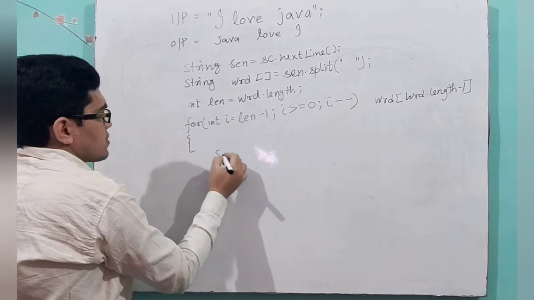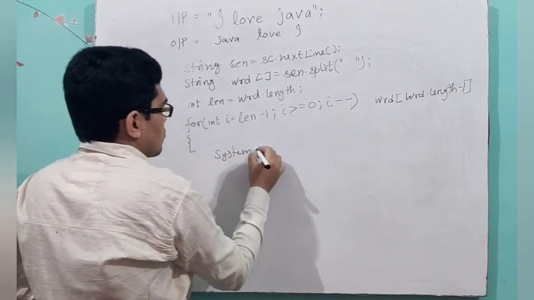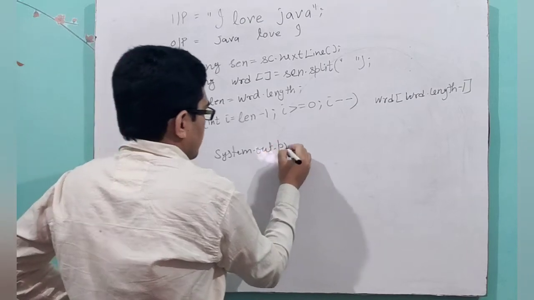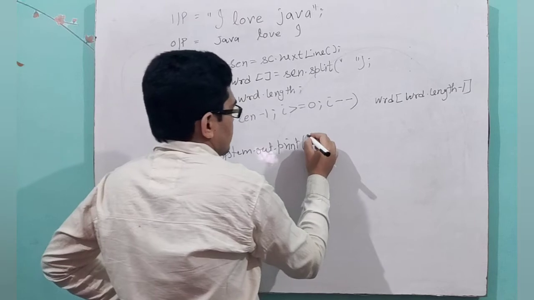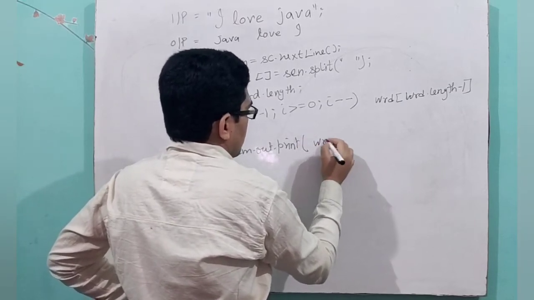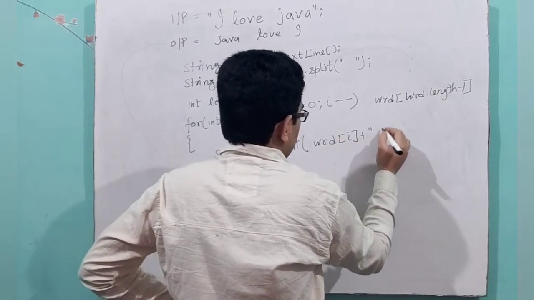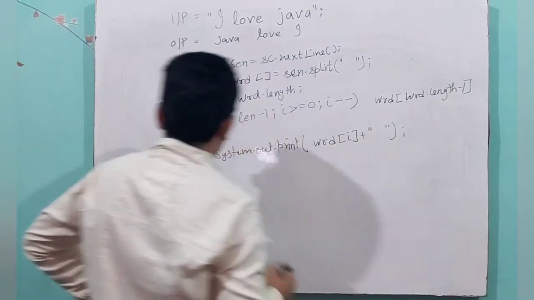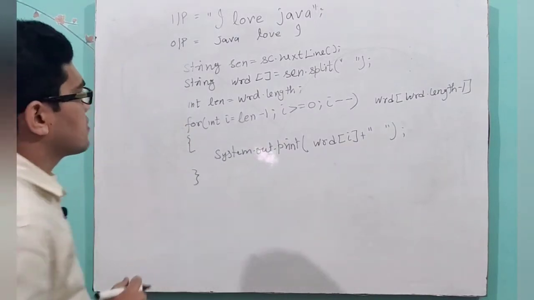Then system dot out dot print, don't write println, wrd i plus a space. Close the for loop and close your other things.